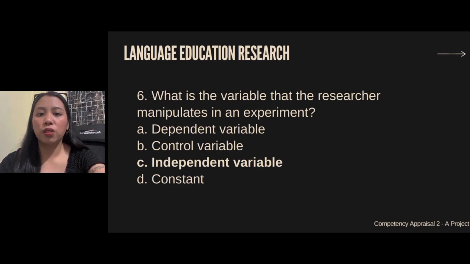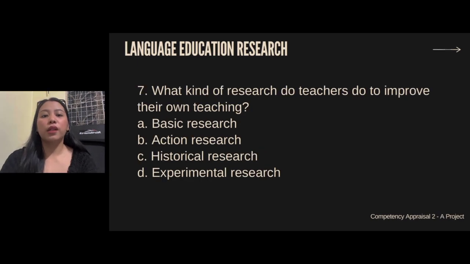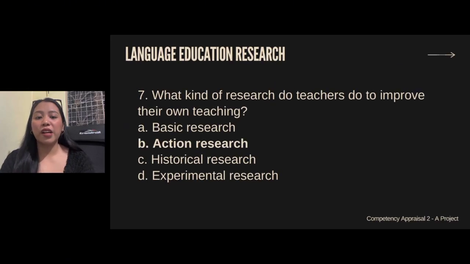Okay, for question number 7, what kind of research do teachers do to improve their own teaching? A, basic research, B, action research, C, historical research, and letter D, experimental research. Okay, the correct answer is letter B, the action research.